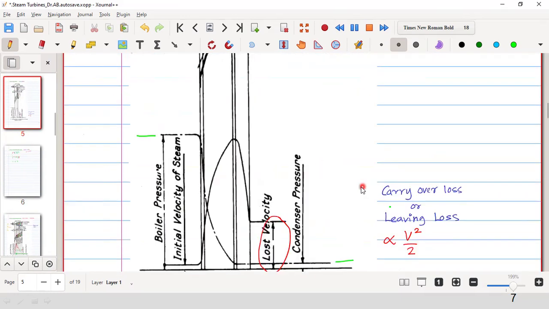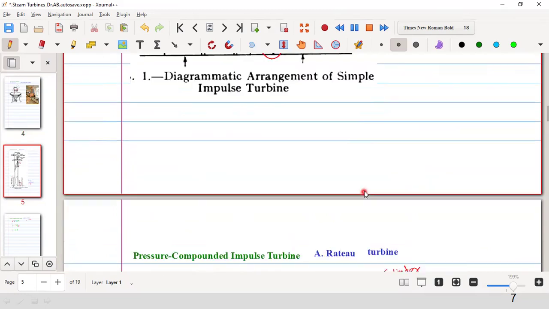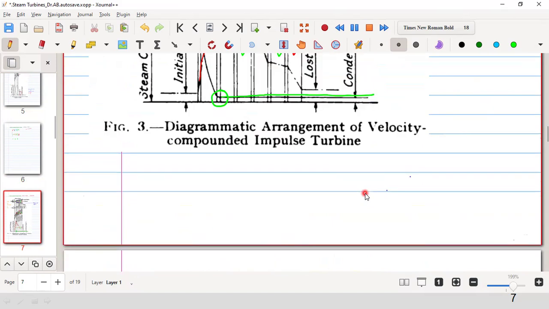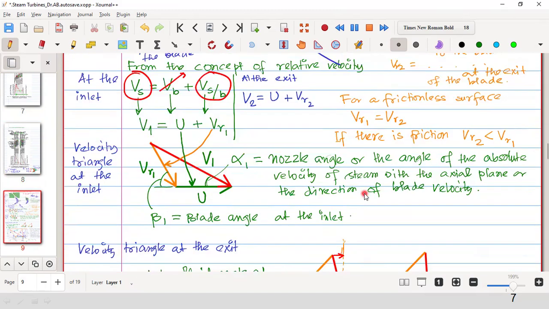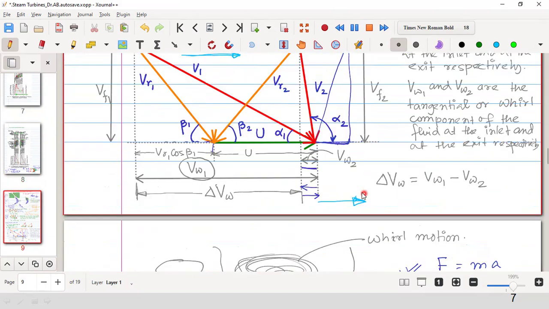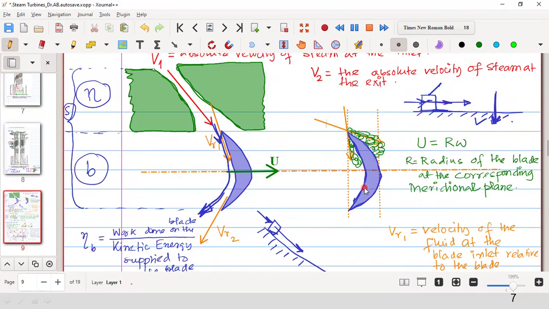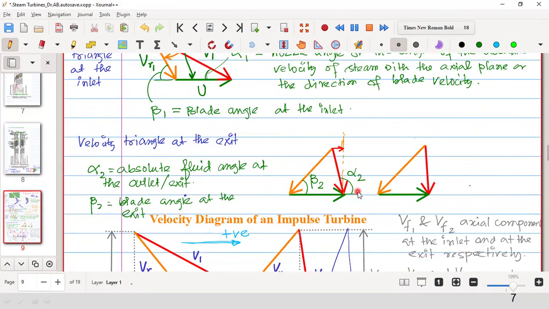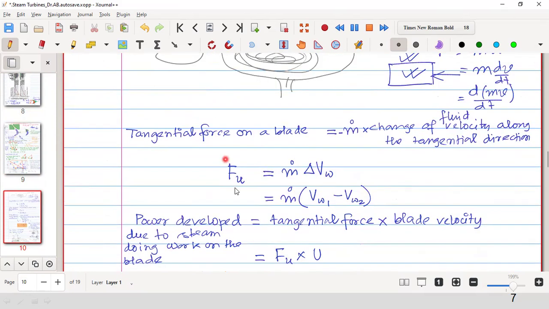During the calculation of blade efficiency for the single stage, this one is the tangential force or the tangential thrust.